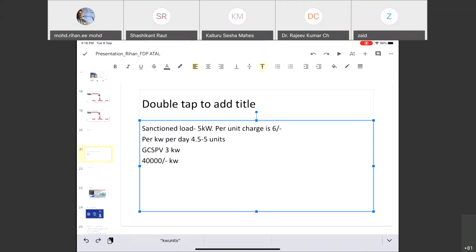So if you take 5 units per kilowatt per day, that means a 3 kilowatt plant will generate 15 units per day. And you have studied the functioning of a grid connected plant. So you know if 15 units are generated by a grid connected solar PV plant, then those 15 units you are not going to withdraw from the grid. So that is the idea.